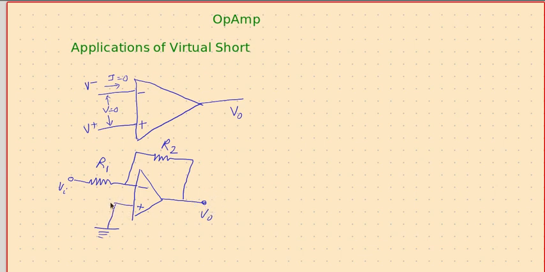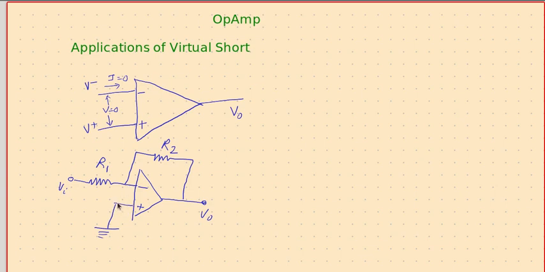Now, what is the difference? The non-inverting input is directly connected to a voltage source of zero potential, whereas the inverting terminal is not connected directly to any source. Yes, it is connected to the source, but through some resistive network, not directly as we have connected here. So that makes the difference.